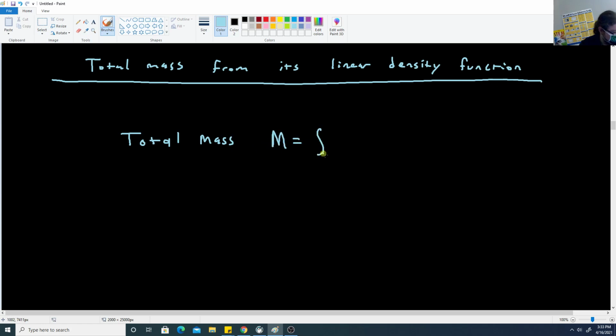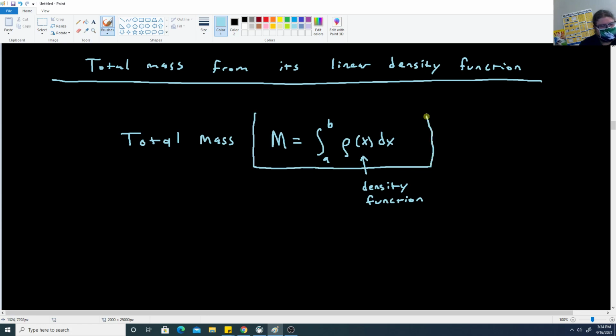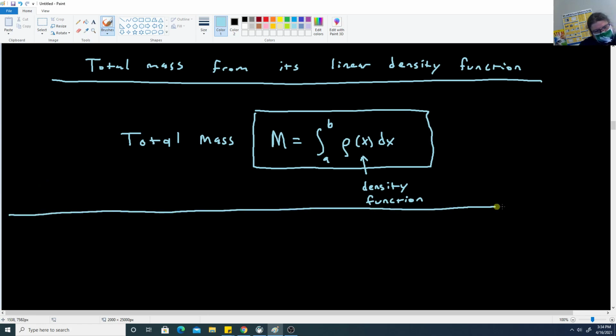This will equal the integral from a up to b of rho of x dx. We use the symbol rho of x as our density function. As long as I tell you the density function, these types of problems are pretty straightforward.